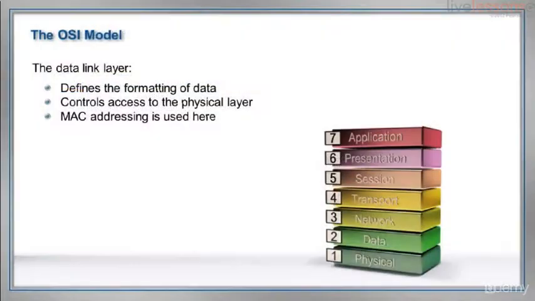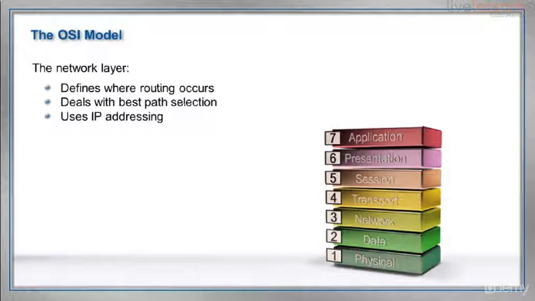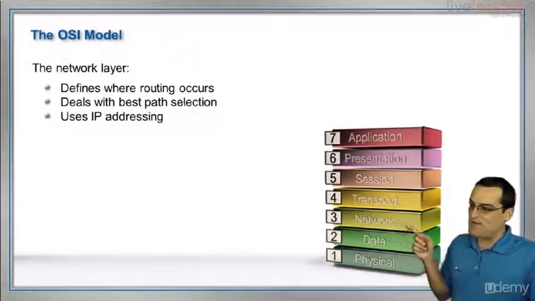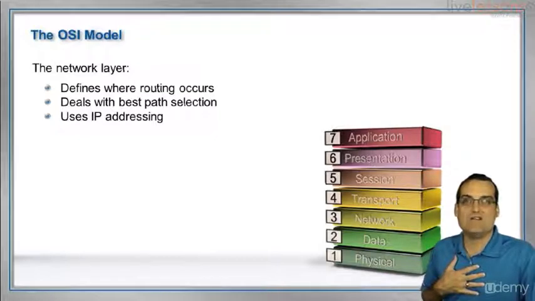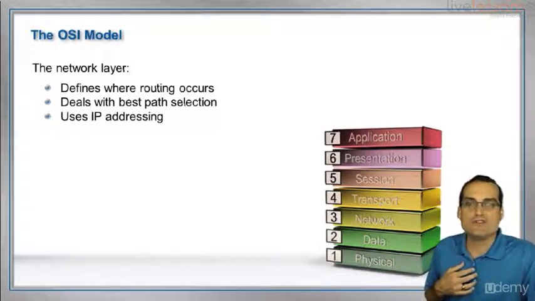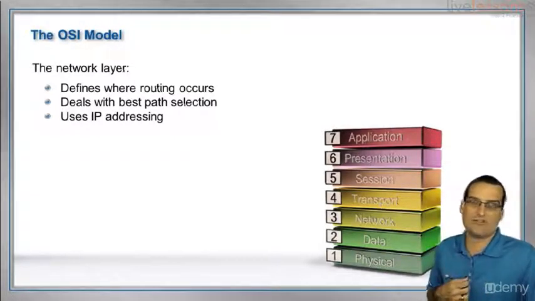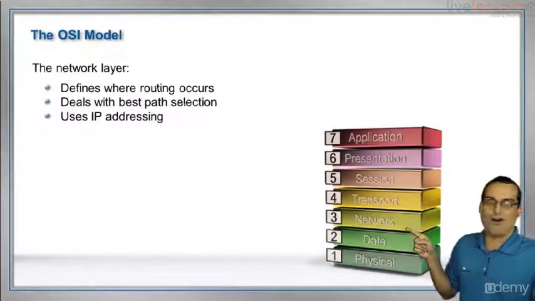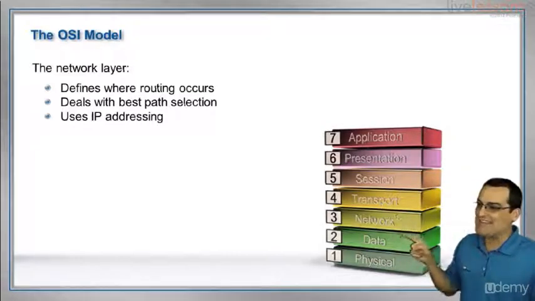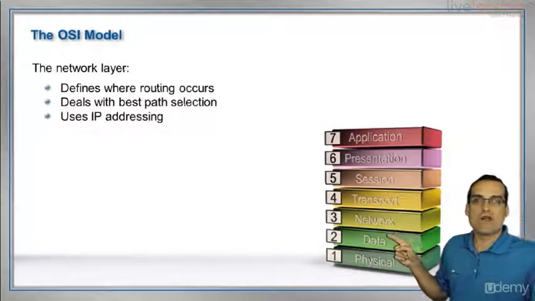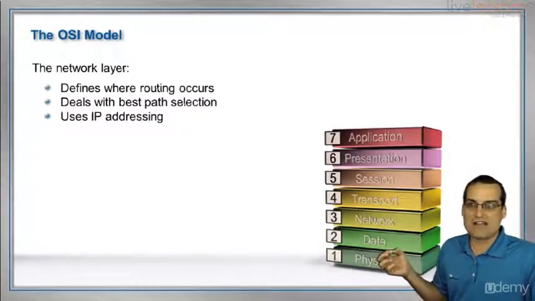Speaking of the OSI model, let's jump right back to it, and let's talk about the next layer, the network layer. This is a real famous layer, especially when it comes to folks like myself that are Cisco certified internetwork experts. We make a lot of our living here at the network layer. This is where we have our IP addressing.